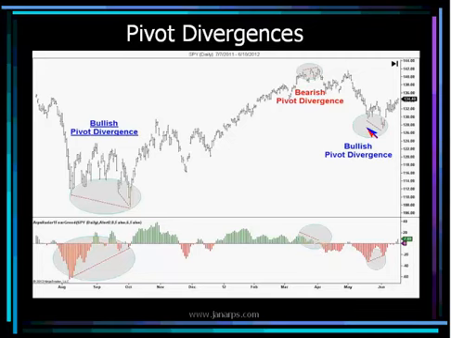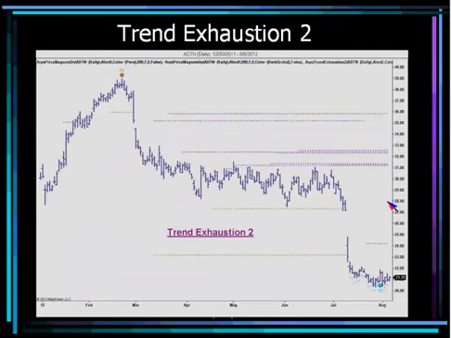If you were a reader of my blog, which is posted on janarps.com, it's called Hawk Scan Center Report, we identified this bullish pivot divergence in June where it was making lower lows and the Fear Greed indicator was making higher lows, and that's when we started telling people that this pullback in the bullish trend is being identified as a pullback bullish opportunity.